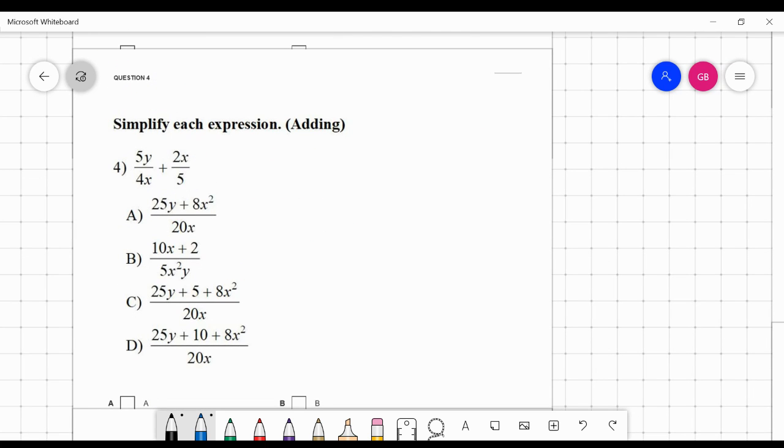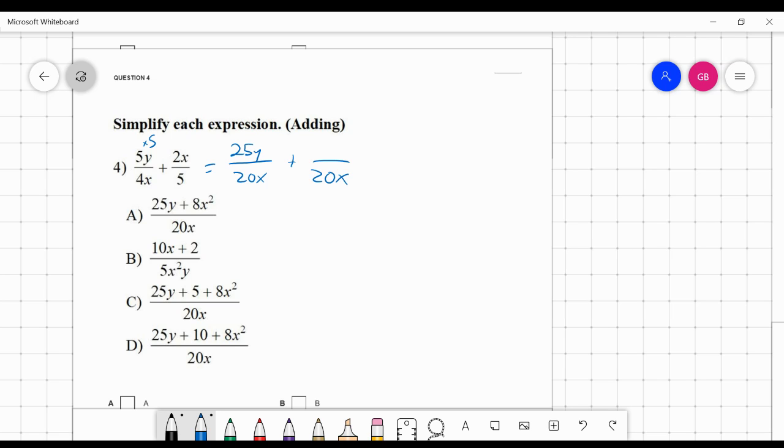All right, now we're adding. For addition, we need to have the lowest common denominator. So the lowest common denominator for these is going to be 20x. So 4x times 5 would give me 20x. So 5y times 5 is 25y.